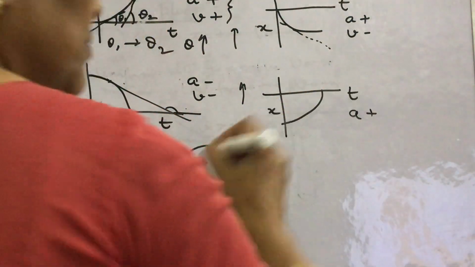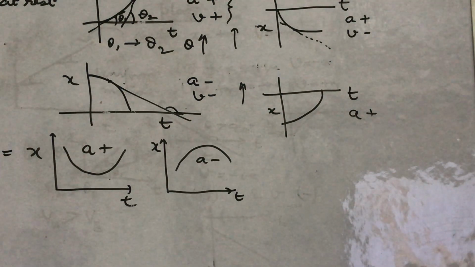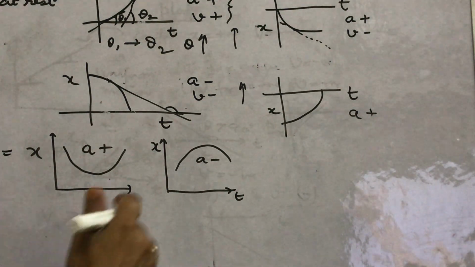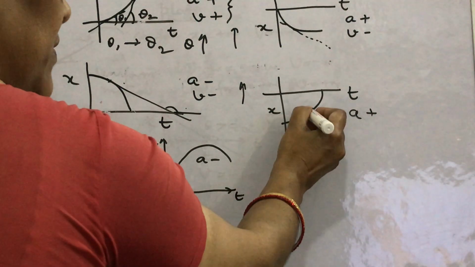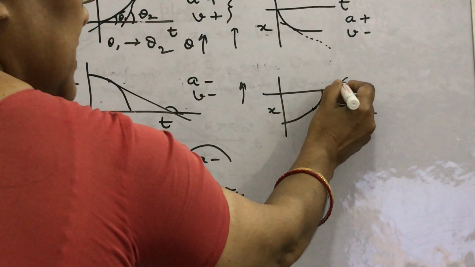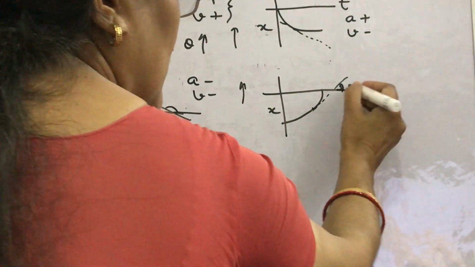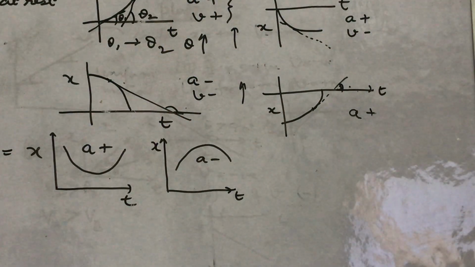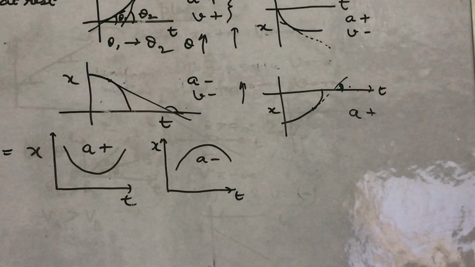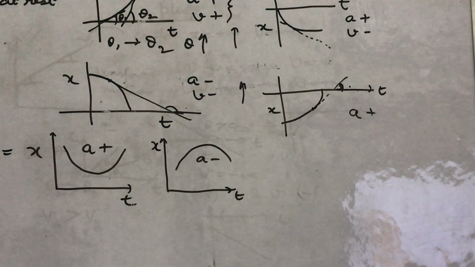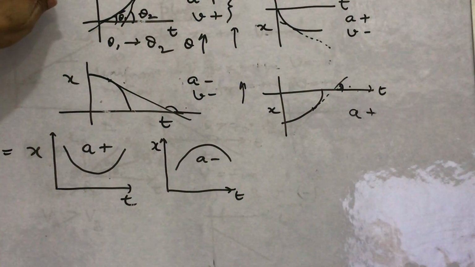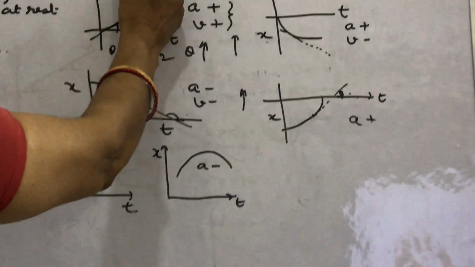So, what will you write here? This A is positive. What about V? Look, how will you find? Suppose at this point you draw a tangent, then what is this angle? It is less than 90, and if the angle is less than 90, what is the sign of V? Positive. If greater than 90, then what is the sign of V?